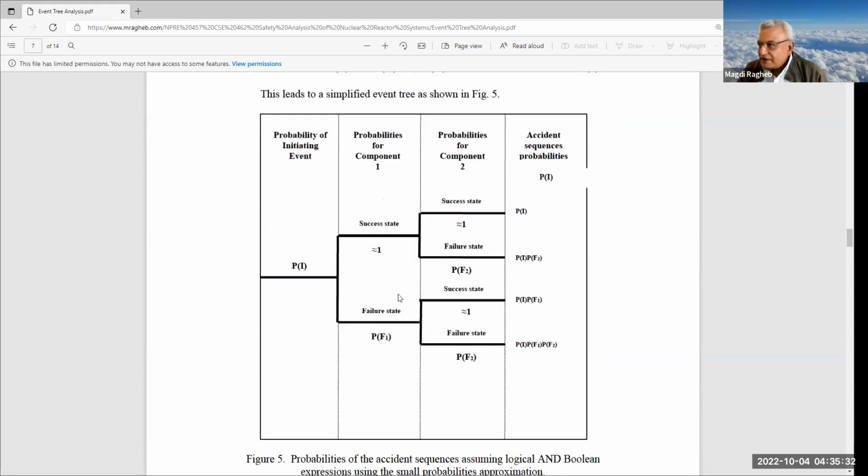So we modify our event tree by saying that I get an initiating event, a probability of failure of component number 1, and the success state. If P of 1 is very small, then this is equal to 1. So don't go in a test or in an assignment and write me 1 minus 10 to the minus 4, and then you write 0.9999.